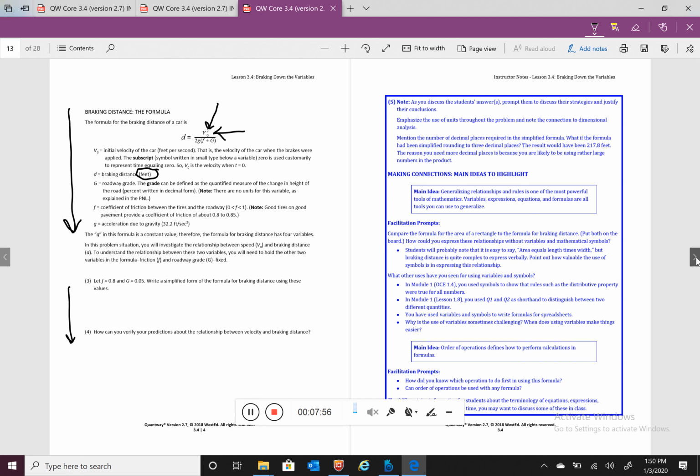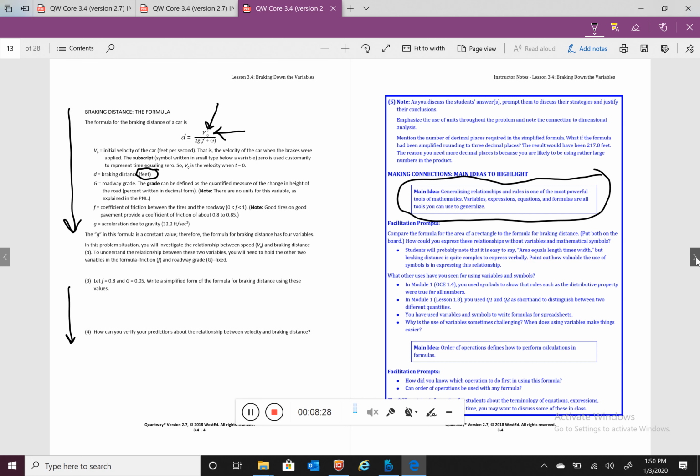Now on this page of the instructor notes, I'd like to take a moment and point out 2 areas. And this is an area, of course, that you'll want to prepare before you walk into class. So you want to make sure that you truly understand what the main idea is of this lesson. And it's not about braking distance. It is about variables, expressions, equations, formulas.